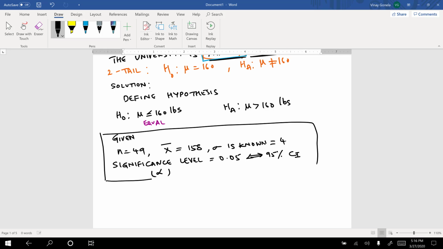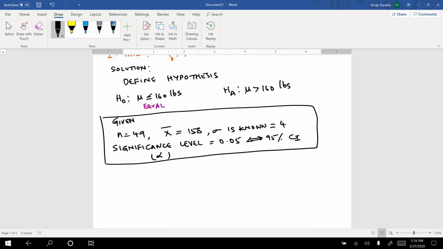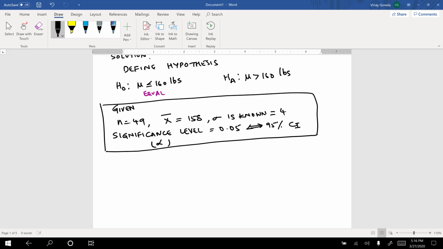The second step of hypothesis testing is to compute the test statistic and compare it with the critical value.